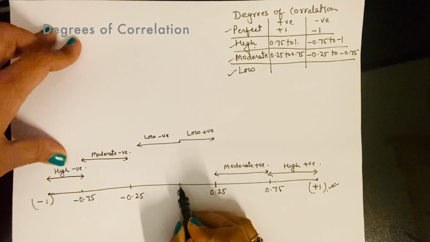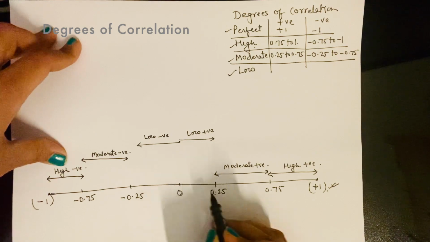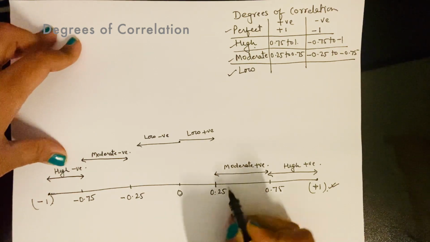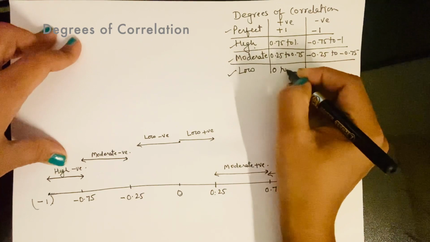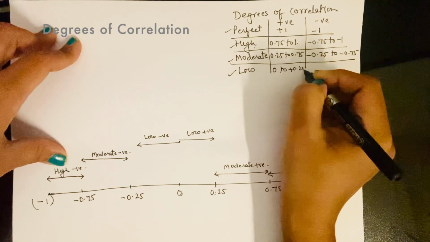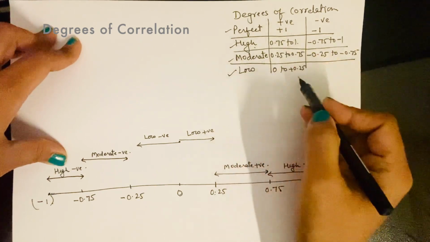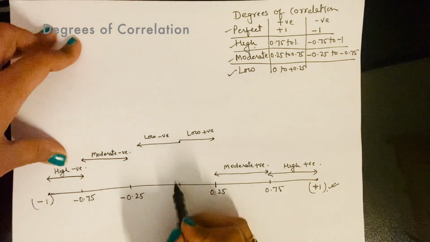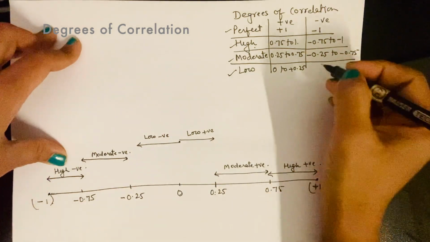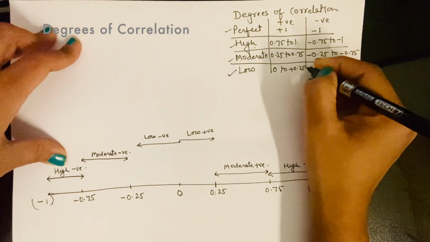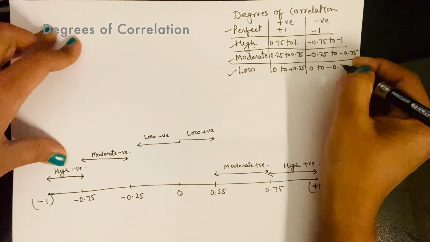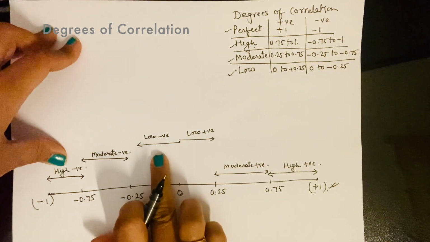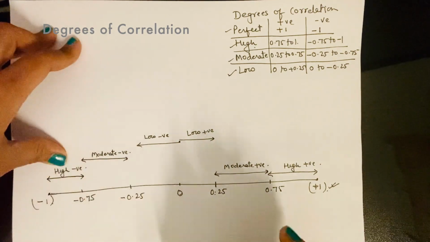Any value between 0 and +0.25 will be a low degree of positive correlation. Any value between 0 and -0.25 will be a low degree of negative correlation.